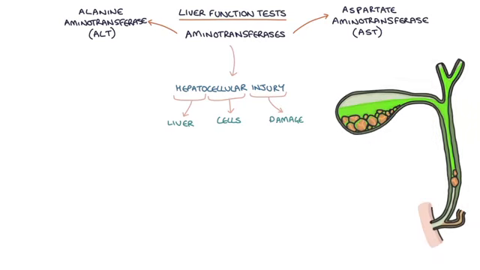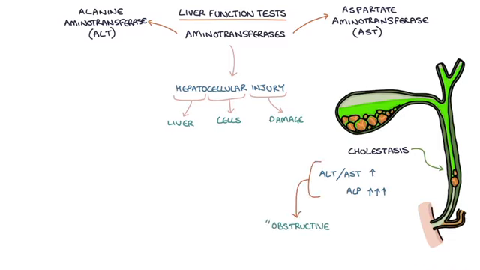In the context of gallstones, when there's cholestasis or blockage of bile through the bile ducts, ALT and AST can increase slightly, but there will be a much more significant rise in ALP, or alkaline phosphatase, and this is described as an obstructive picture, referring to the obstruction of flow through the bile ducts.